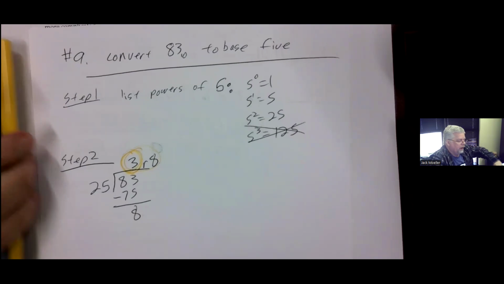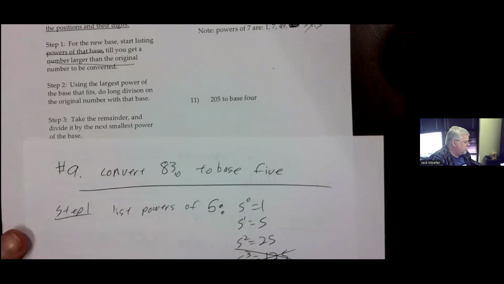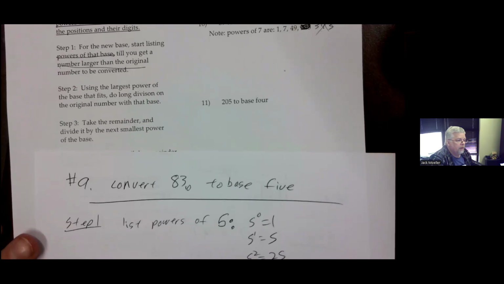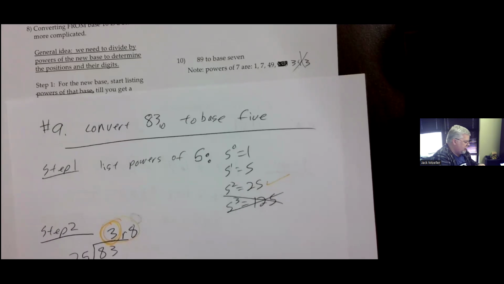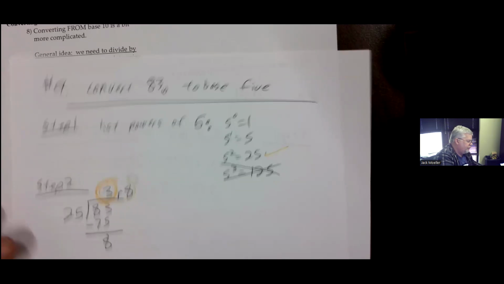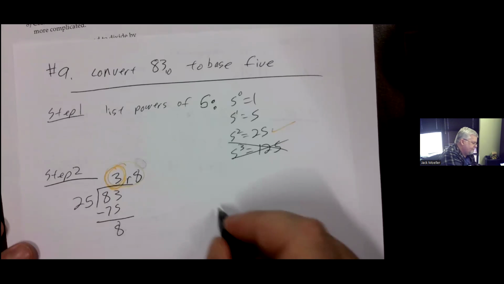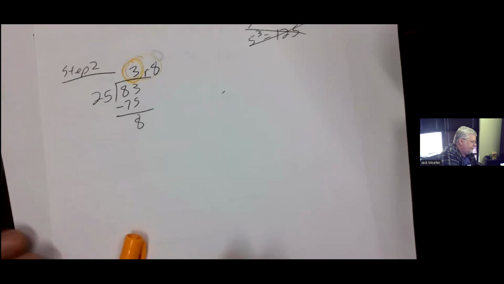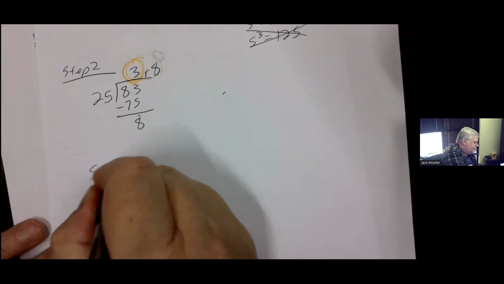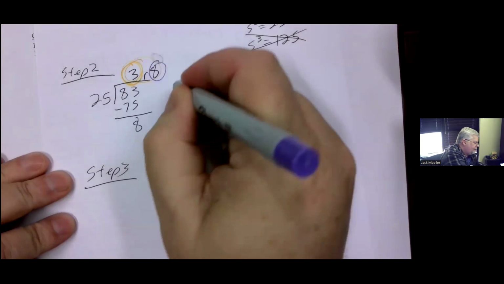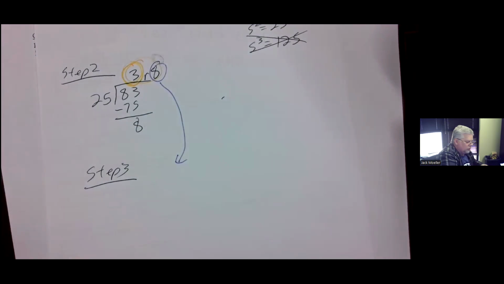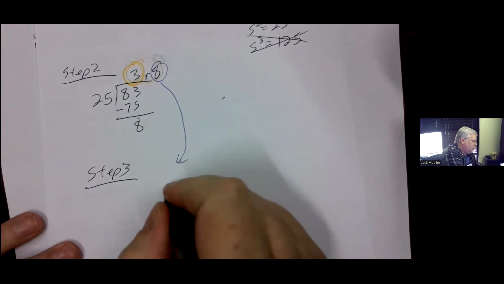So what do we do next? Take the remainder and then divide it by the next smaller power. We've done division with 25. Now we need to do division with 5. So what are we doing division on? You take that remainder, and that remainder is what goes inside your division.